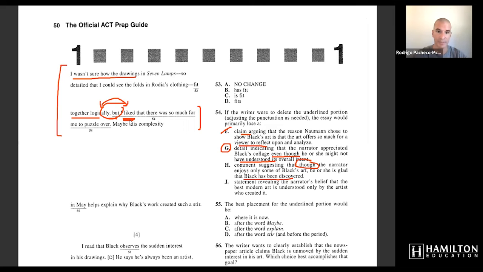In the underlined elements, "I liked that there was so much for me to puzzle over." That's more so about the art and not so much about Black as an artist. We can eliminate H. And J says that this is a statement revealing the narrator's belief that the best modern art is understood only by the artist who created it. Now, that's very far from what we see here in the underlined elements.